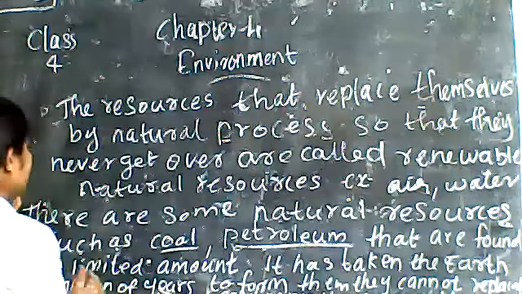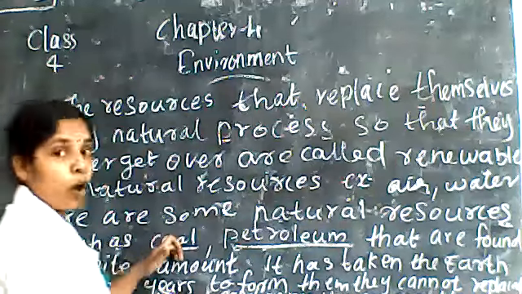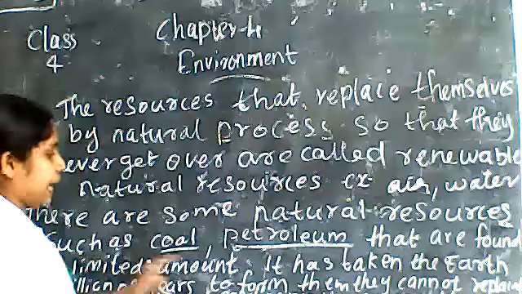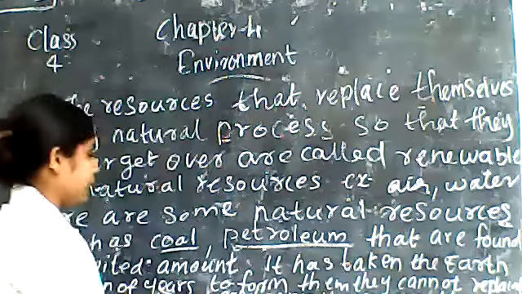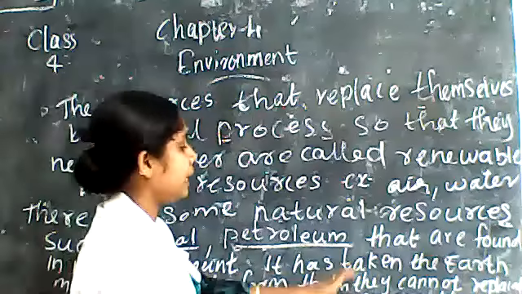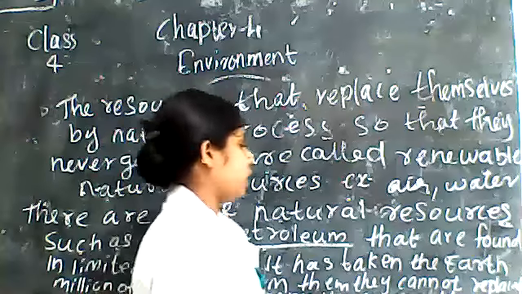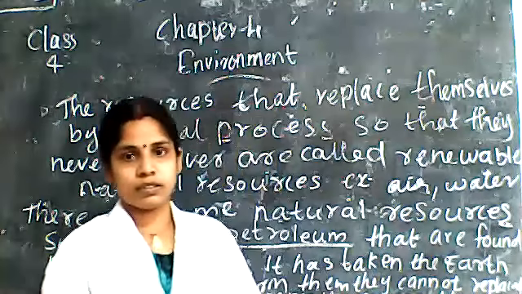Okay. Next one, there are some natural resources such as coal, petroleum that are found in limited amount. It has taken the earth millions of years to form. Then they cannot replace it easily. Once they are over, these are called non-renewable resources.